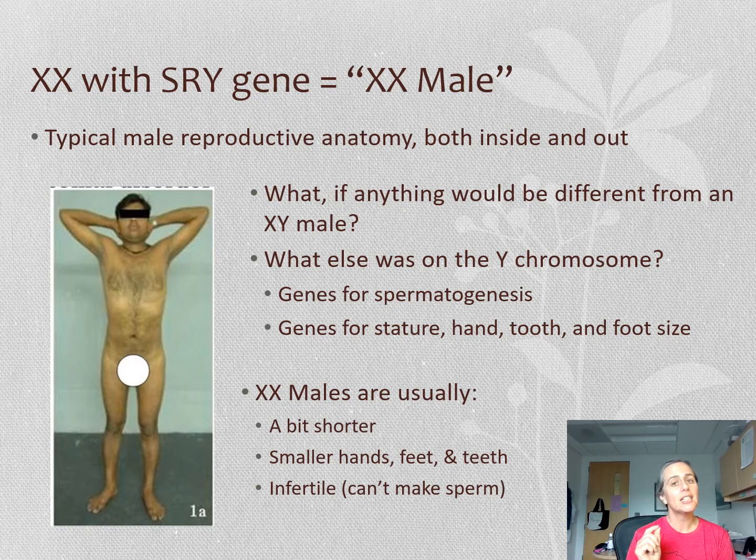They tend to have slightly smaller hands, feet, and teeth than you would otherwise expect, and they can't make sperm, so they're infertile, right? They can't make a baby. Pretty cool, right? So that's an interesting difference that can happen. That's one intersex condition.